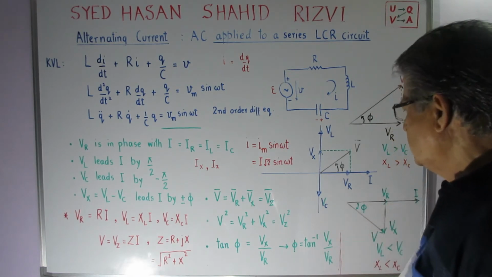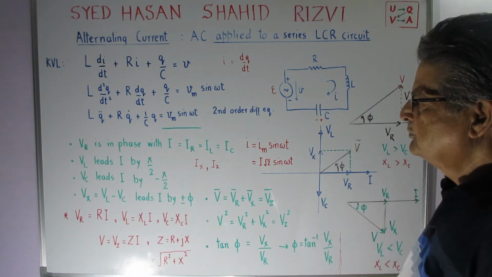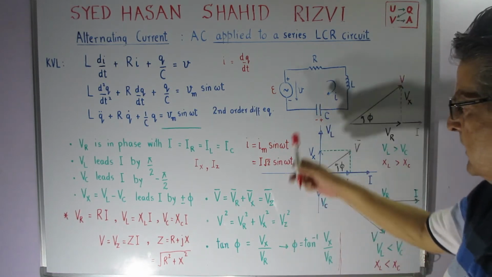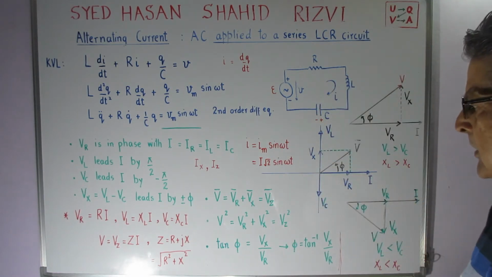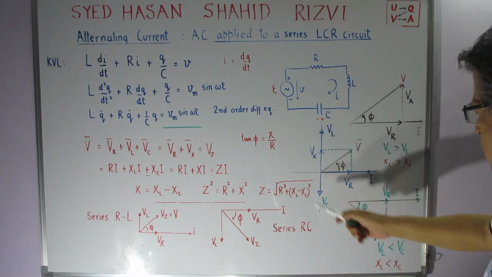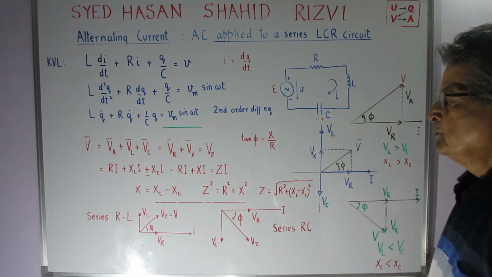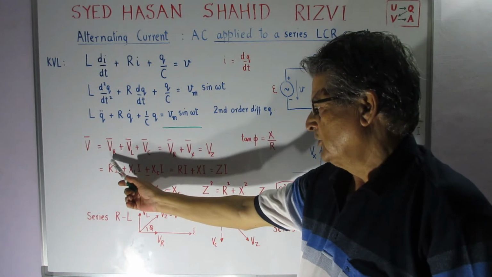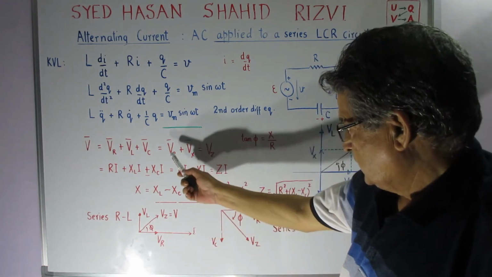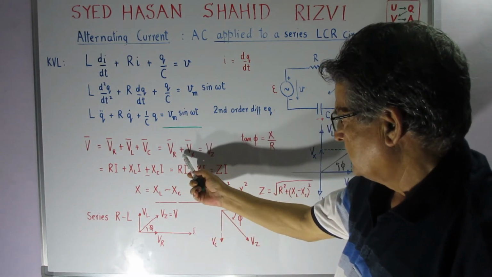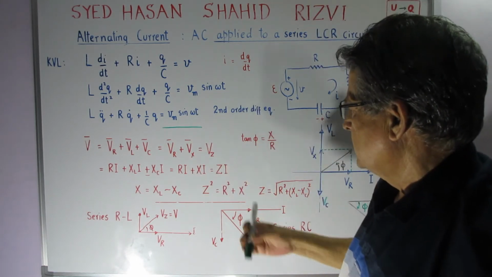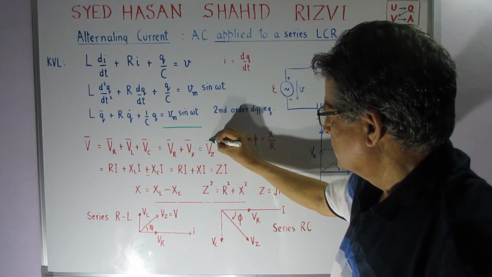So this is the quick analysis of the circuit with the help of the phasor analysis. So from the set of phasor diagrams that I have drawn here, I can write the phasor V is equal to phasor VR plus phasor VL plus phasor VC, which is phasor VR plus phasor Vx is equal to phasor Vz.